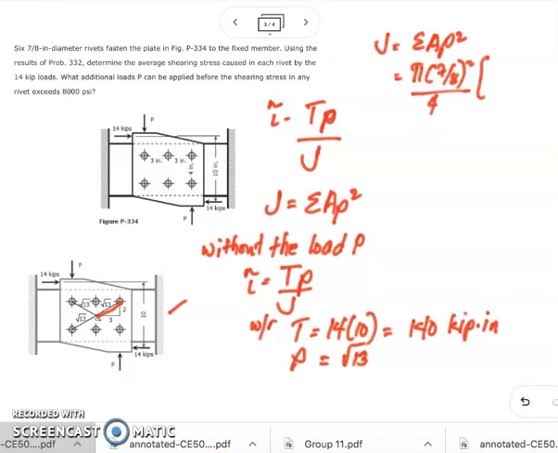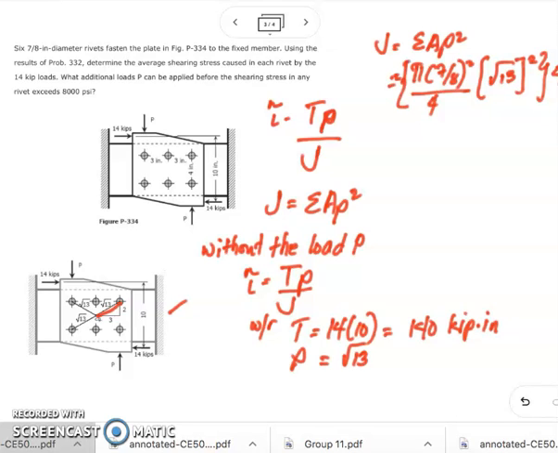We have to take note that rho is the distance of the 4 bolts towards the center of gravity, which is the square root of 13. So we have the square root of 13 squared, multiplied by 4 because there are 4 bolts having that distance.